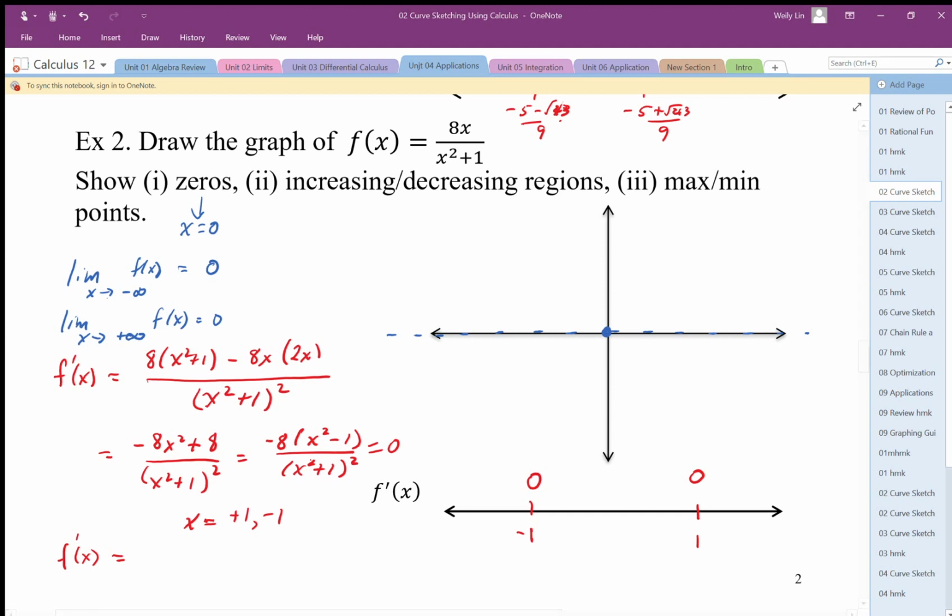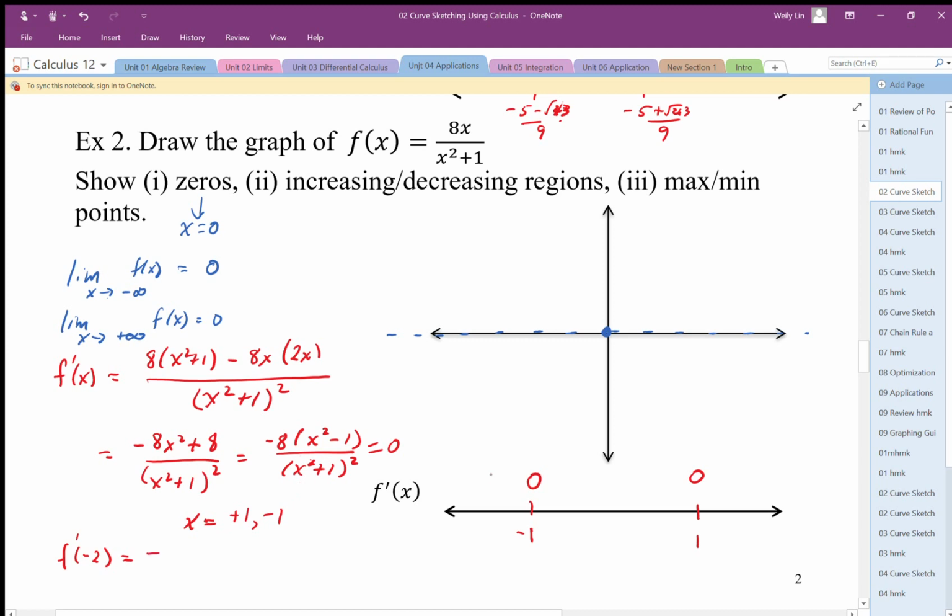So I'm going to test f prime on this side of -1. So I'm just going to choose a nice number, -2. And I'm going to plug it into my derivative. So I'm going to end up with -2 squared is positive. Positive times negative divided by the denominator here, which is positive. So I'm going to have negative times positive is negative.